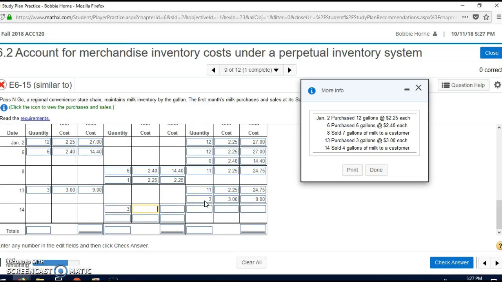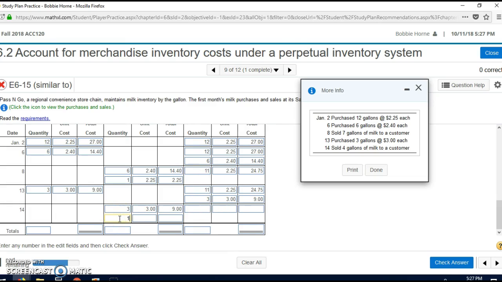So these 3 are going to go out first, and then we sold 4, so all 3 of those and 1 of these at $2.25. So we have none of these left, and we have 10 left at $2.25. So 10 times $2.25 would be $22.50. So we have 10 units left with a total cost of $22.50.